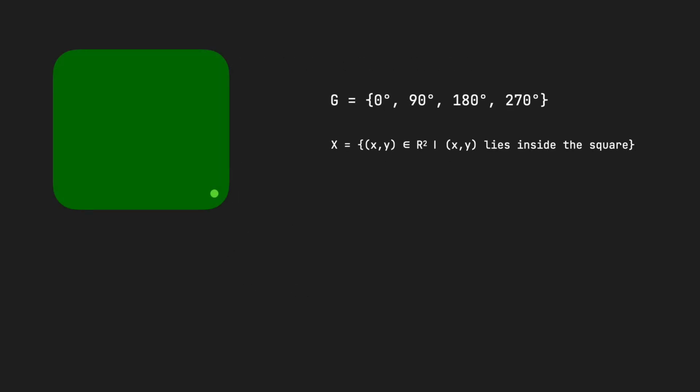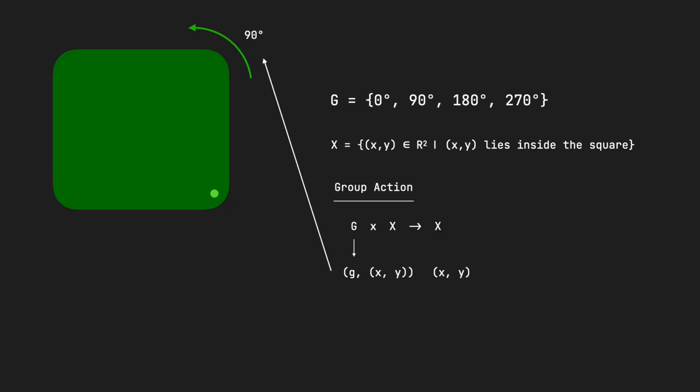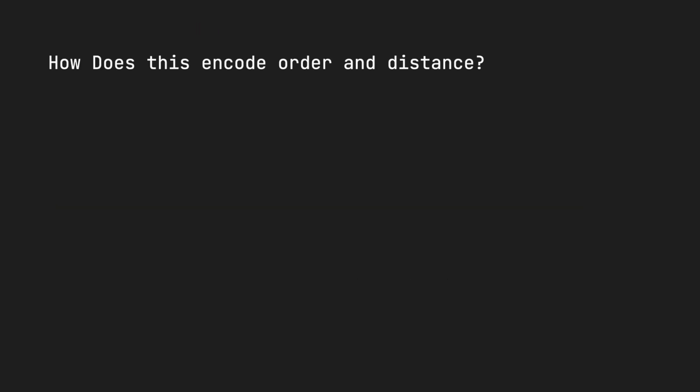In the first example we looked at, when we applied the group, what space did we apply it to? It was this geometrical object represented by the set X. We're able to apply that group action, take a point in this space, rotate it by some angle, and we get a new point.